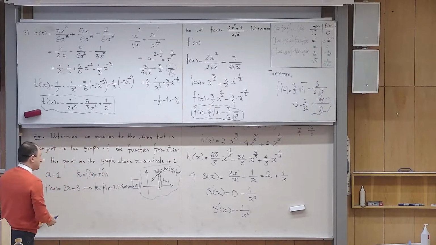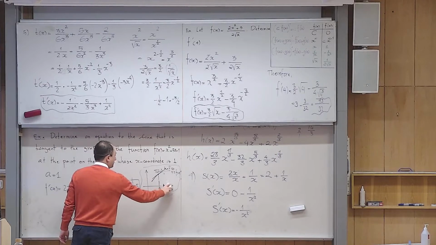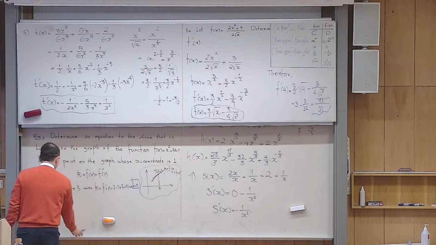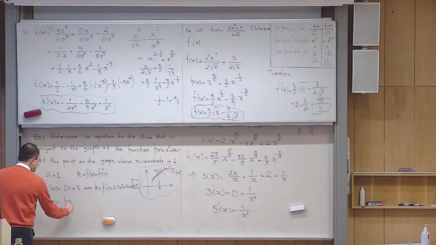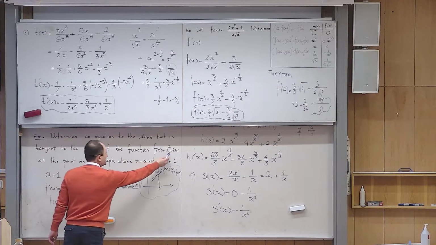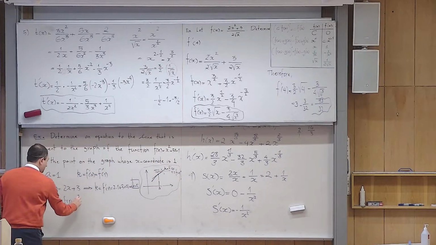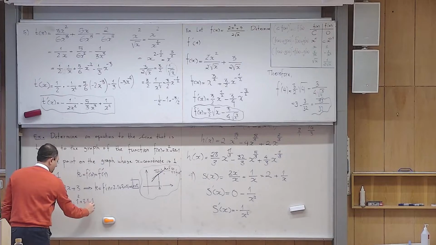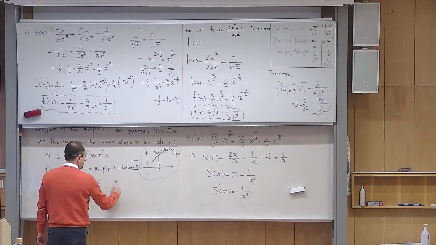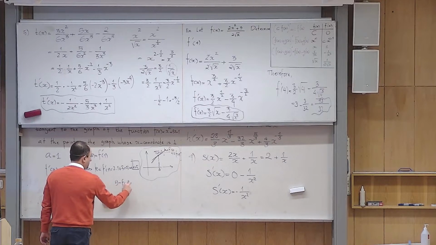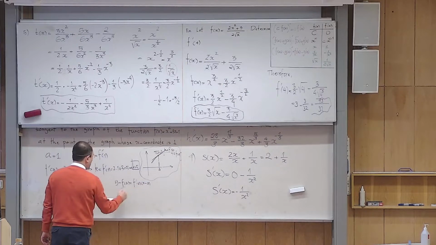Okay, so let me clean this and just write there. I can calculate f of a, which is f of 1. Instead of x, I put 1. 1 plus 3 minus 1 is 3. And then I have my formula, which is y minus f of a is equal to f prime of a times x minus a, or whatever form you know.